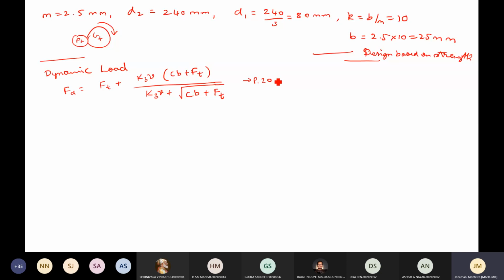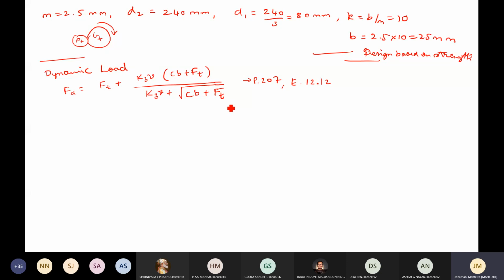This is on page 207, equation number 12.12. This is the Buckingham equation to determine the maximum dynamic load on the gear tooth. We know the gear tooth is like a small mass rotating at some speed, so some inertial forces will be there. This equation will take care of that.